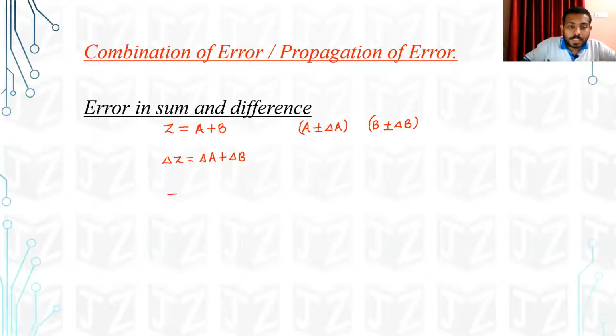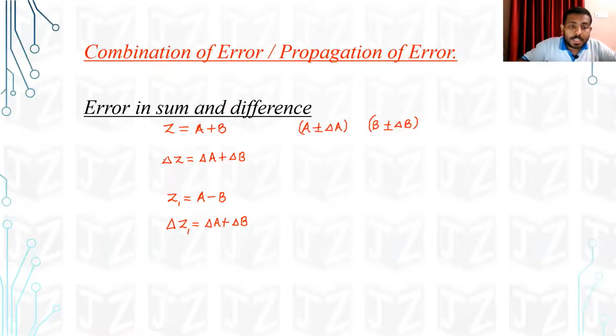Similarly, there is another quantity, let it be Z1, that is obtained by the difference of two physical quantities A and B. So the error in Z1 is equal to the error in A plus the error in B. So you have to remember that for addition and subtraction, the errors always propagate in the same manner.